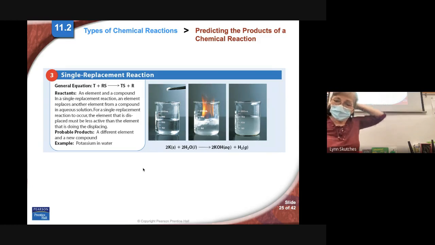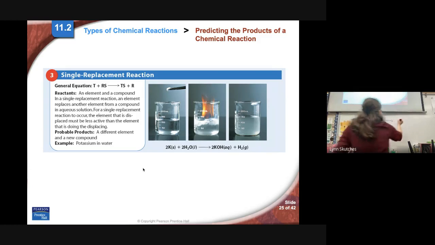I'll talk more about that when we get to it. But for this one, they've got an element by itself and a compound, and then it becomes a different compound and a different element by itself.